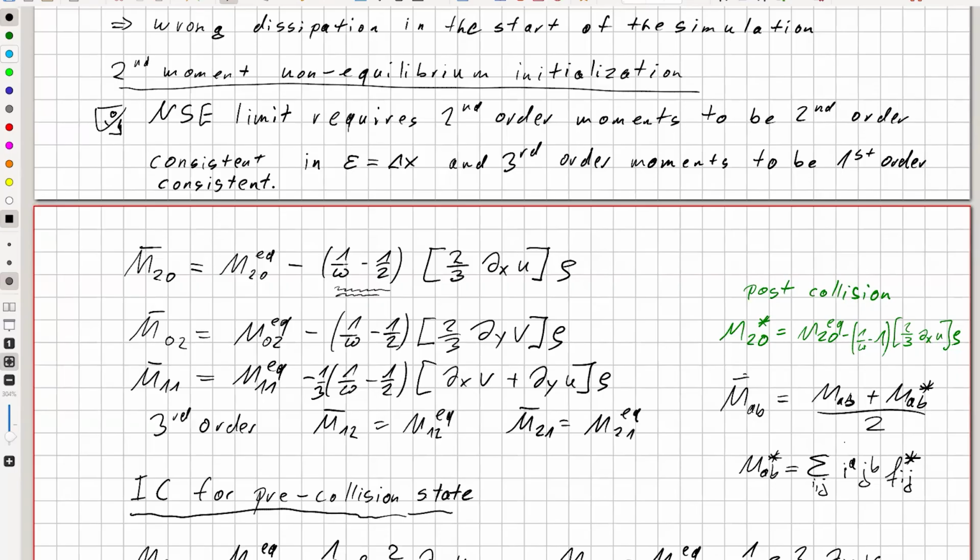So you would initialize M20 if you start with a collision. If you intend to start with a streaming, then you would have to initialize M20 star.